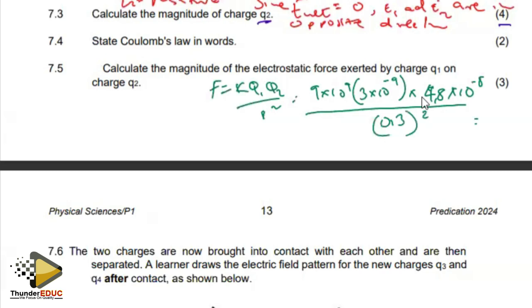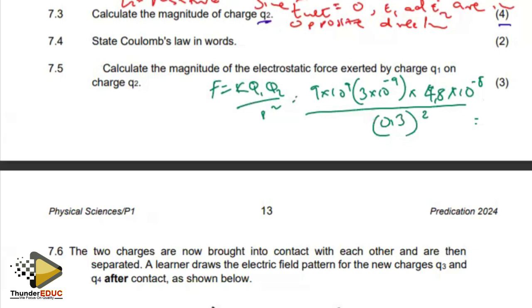And then I just get my force. Punch this into the calculator first. 9 times 10 to the 9 times 3 times 10 to the negative 9 times 4.8 times 10 to the negative 8 over 0.3 squared.